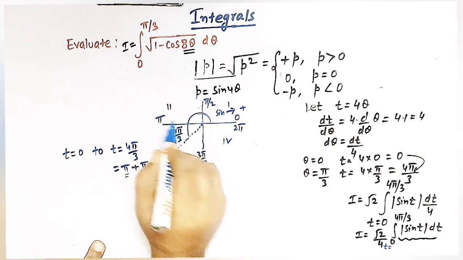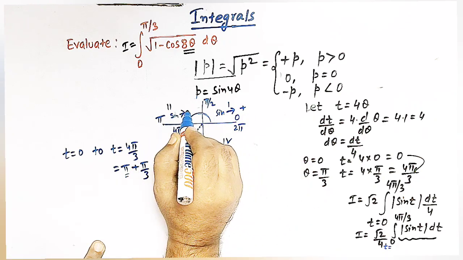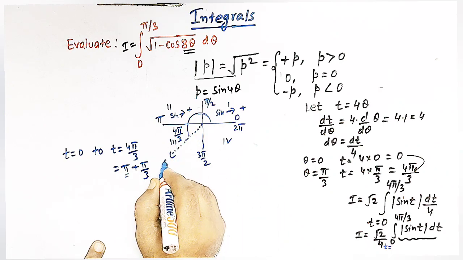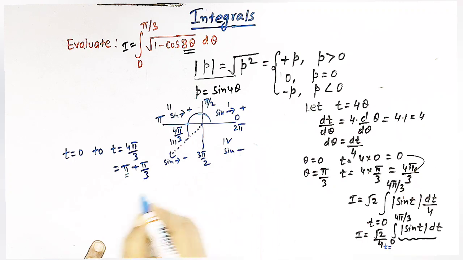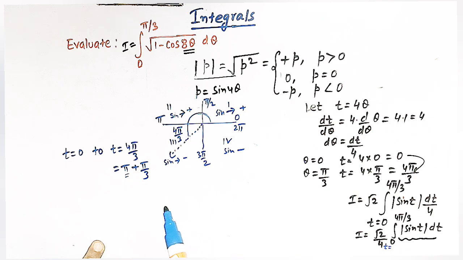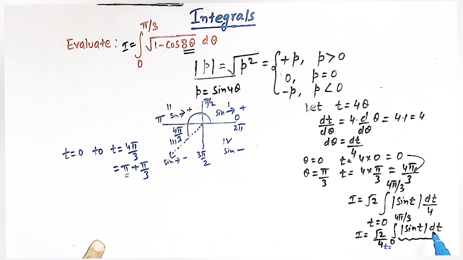In the second quadrant the sine function is also positive, and in the third and fourth quadrant the sine function is negative, right? So this concept of the sign convention in 4 quadrants is of prime importance while solving this integral.